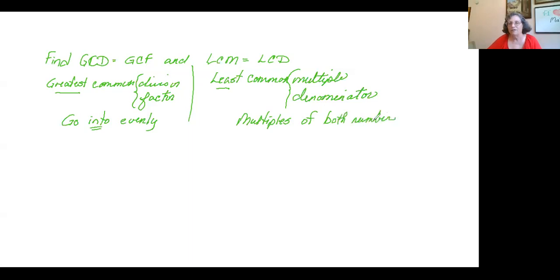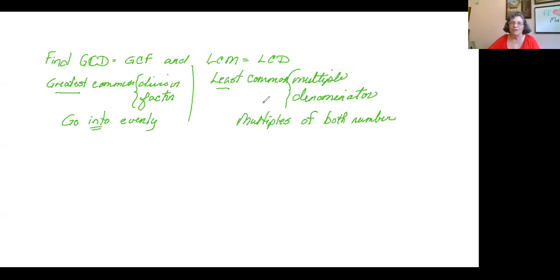Typically what we're trying to do in finding the greatest common factor is to find the biggest factor they have in common, which is going to be no bigger than the smaller one. And the least common multiple is the smallest multiple that they have in common, that they share.